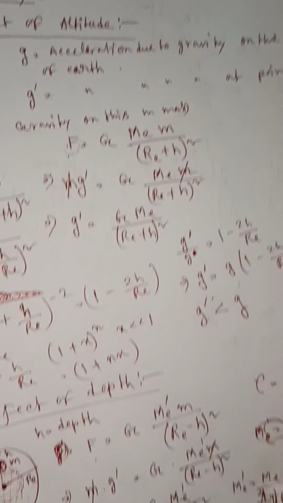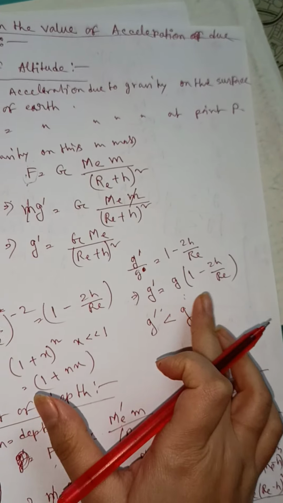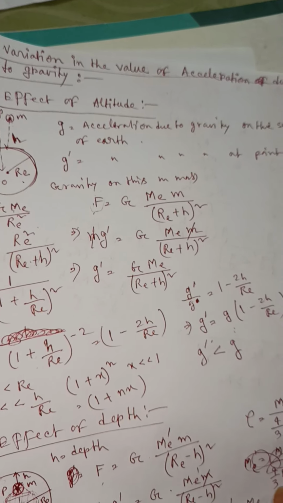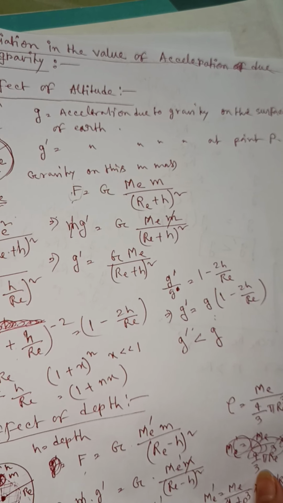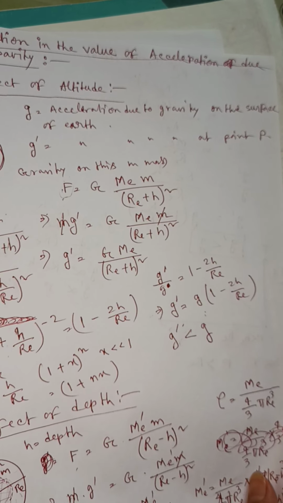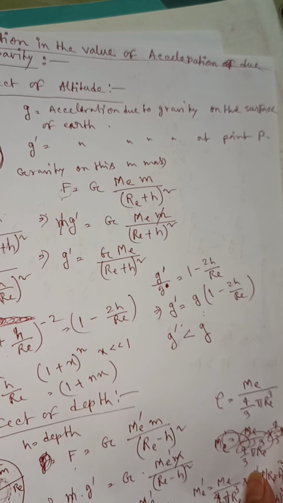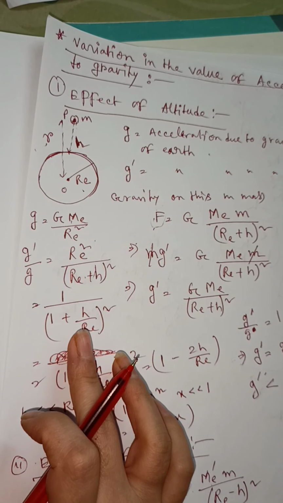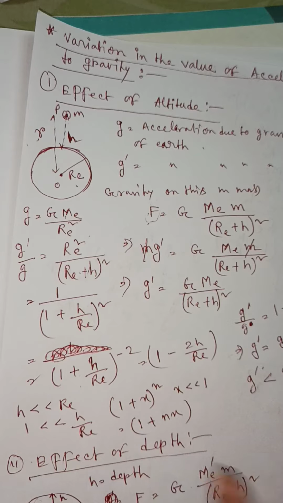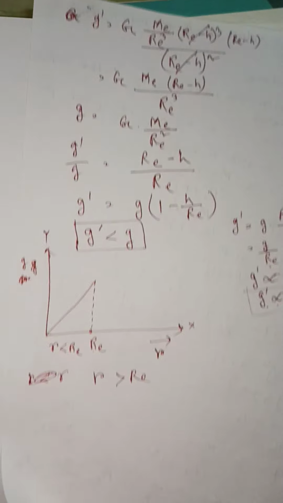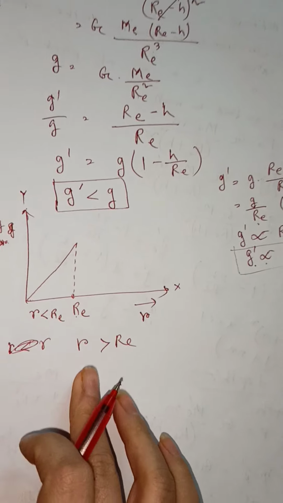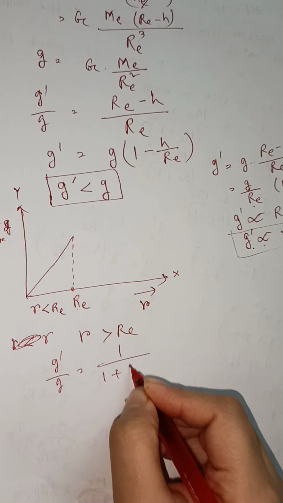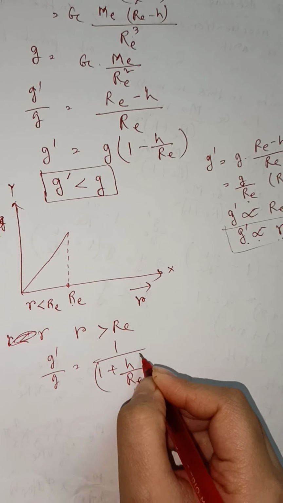Just look at this formula. When r is greater than RE, then g dashed by g equals 1 by (1 plus h by r) whole square.